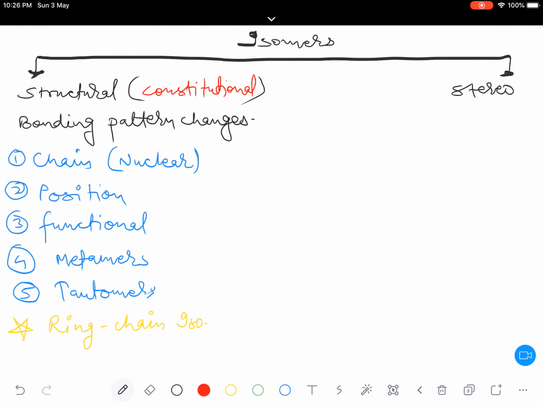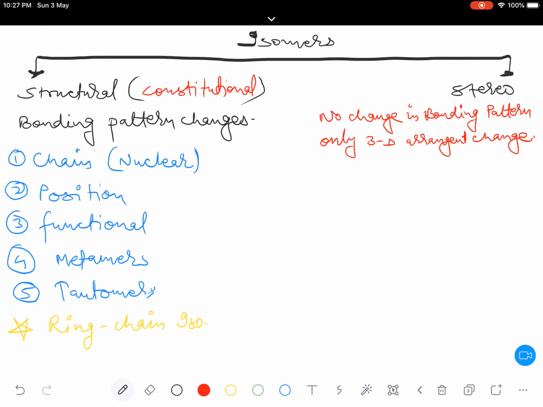Okay, now moving on towards stereoisomerism. For stereoisomerism we will say there will be no change in bonding pattern, because that we have already discussed in case of structural, right? So only spatial arrangement, or simply three-dimensional arrangement, will change.